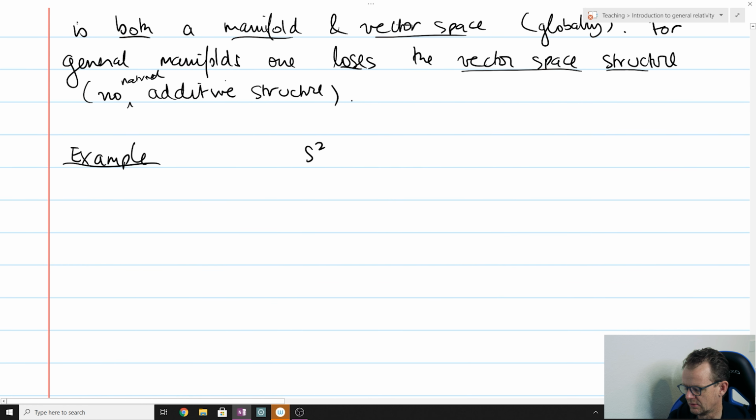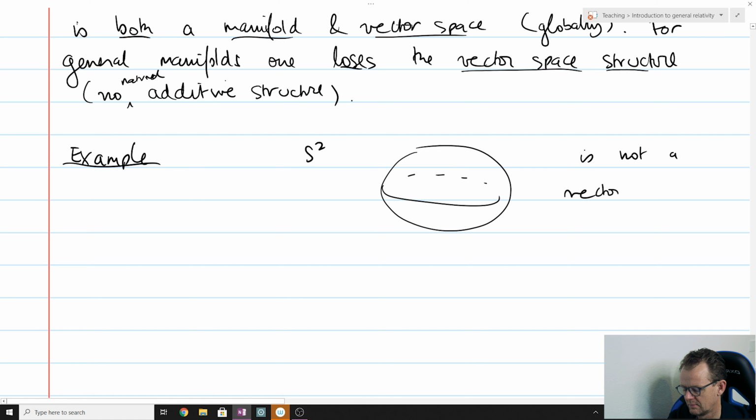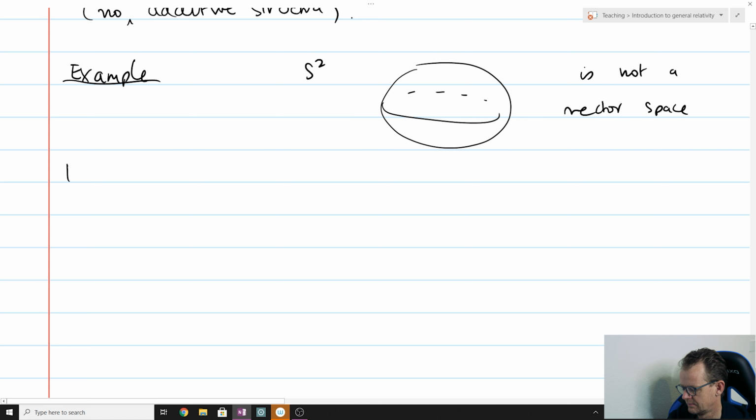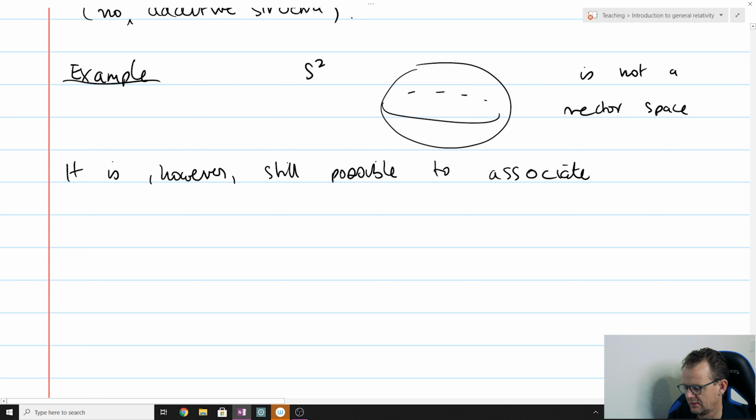S2 is not a vector space, as I said. It is, however, possible to associate vector spaces to manifolds. And that's something that's rather interesting about Euclidean space.